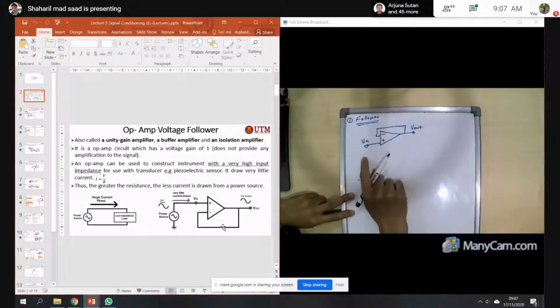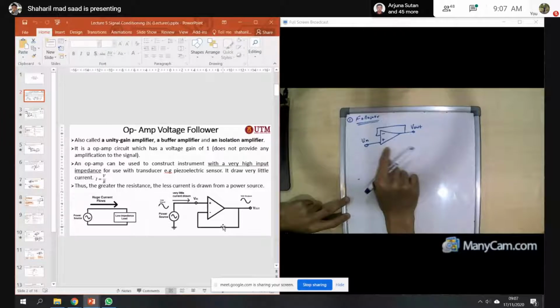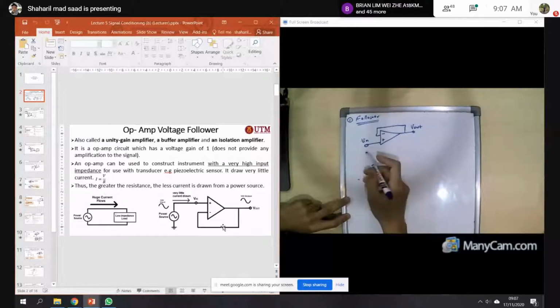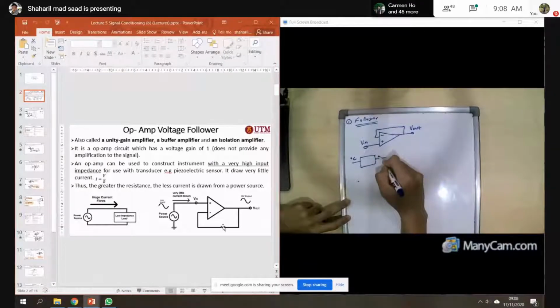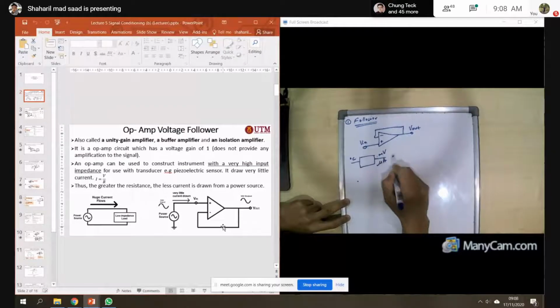Why you need a voltage follower is that sometimes your transducer, for example, detects temperature, and the voltage may be millivolts, but the current may be microamps.